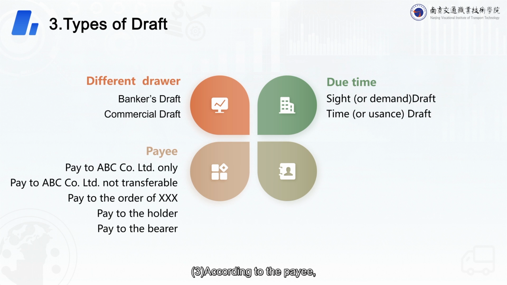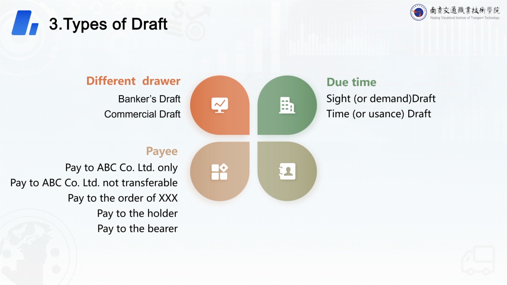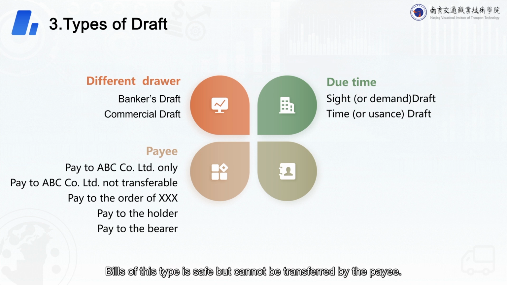3. According to the payee, a bill of exchange can be payable to a definite person. For example, "Pay to ABC Company Limited only", or "Pay to ABC Company Limited, not transferable". Bills of this type are safe but cannot be transferred by the payee.